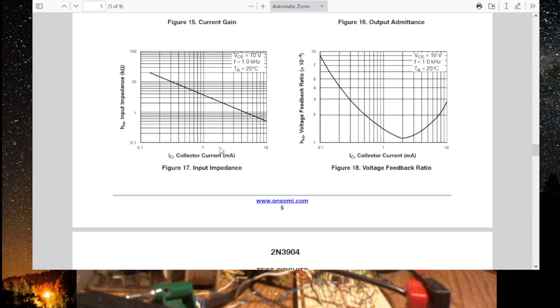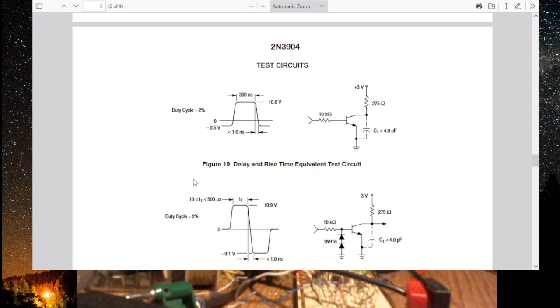At 1k, this is 2, 3, 4, 5 milliamps. I don't really understand this. Delay and rise time equivalent test circuit.